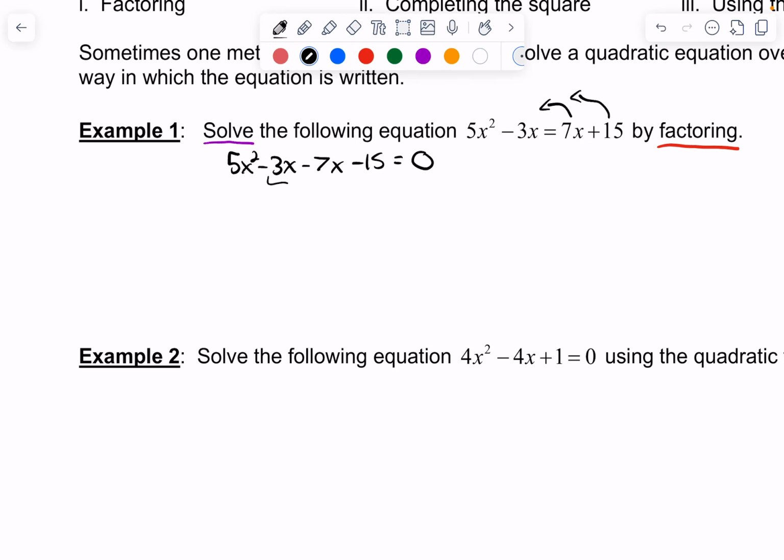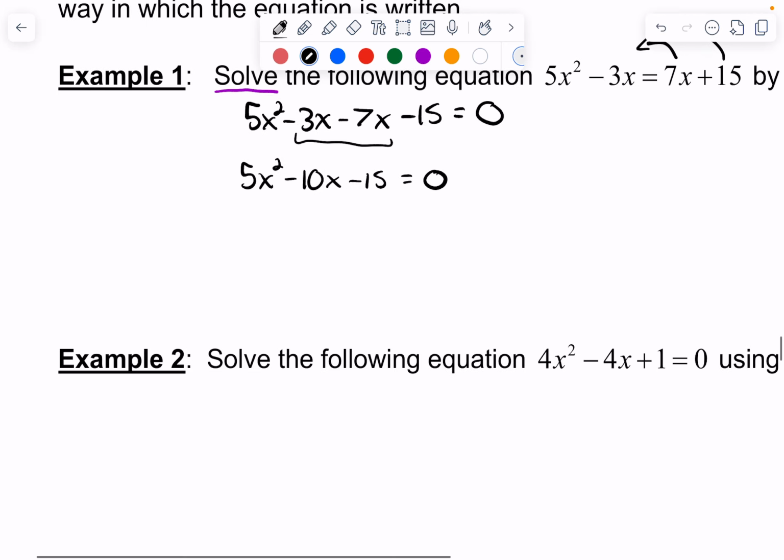So we can collect our like terms right here. So this is 5x squared minus 10x minus 15. Before we start factoring, look and see that you have a 5 that can go into all of these terms here. So factor that 5 out. x squared minus 2x minus 3.